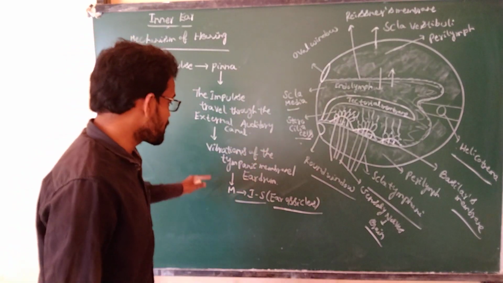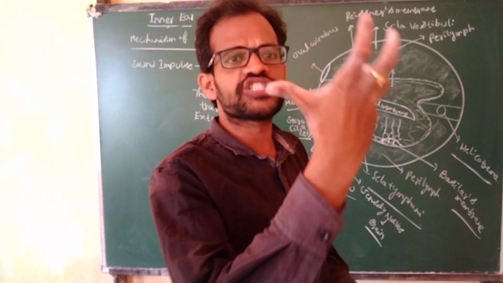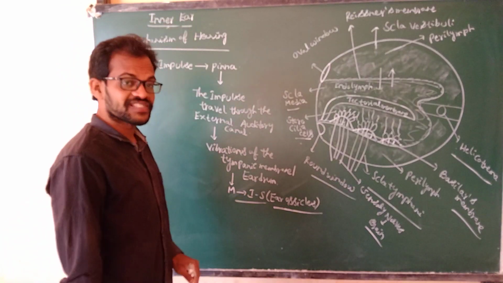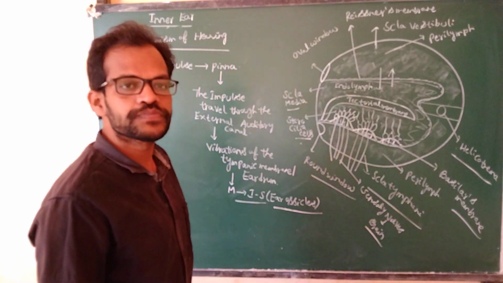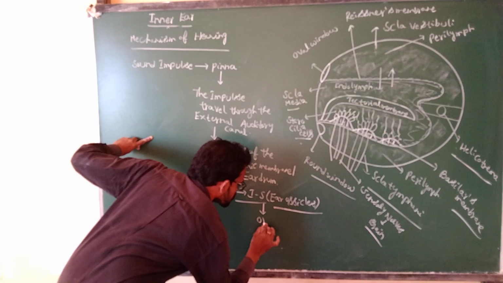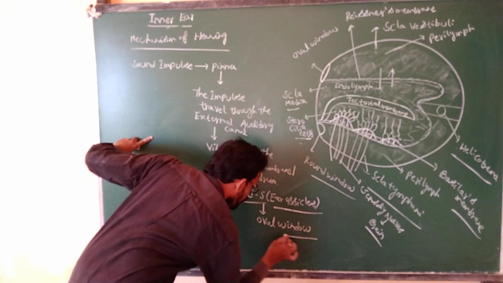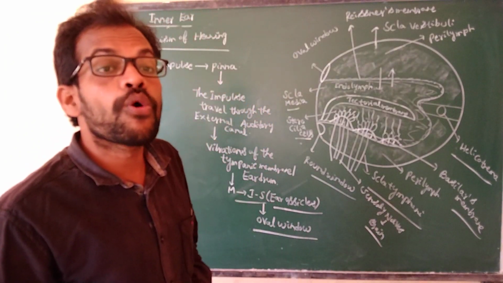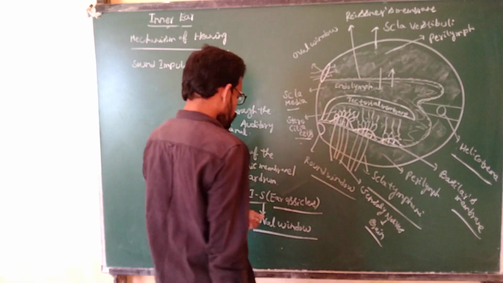The sound waves pass from the tympanic membrane to the malleus, incus, stapes. These amplify the sound. The stapes is connected to the oval window, so the sound impulse passes into the oval window through the stapes.